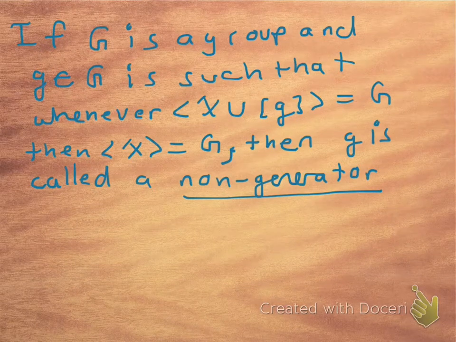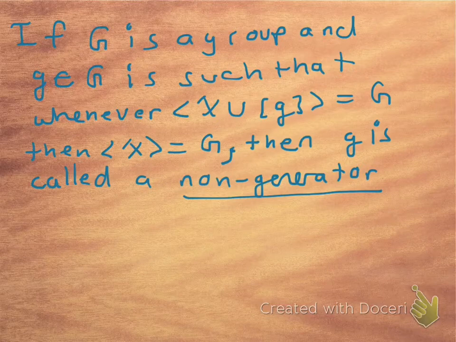The Frattini subgroup of a group is simply the subgroup of that group generated by all the elements called non-generators. Here we give a definition of a non-generator. Take a group G, and take a lowercase g, which is an element of G. Then g is called a non-generator if it can be excluded from any generating subset of G containing it, in the sense described in the definition.